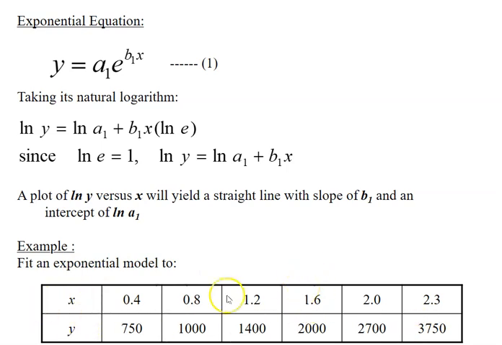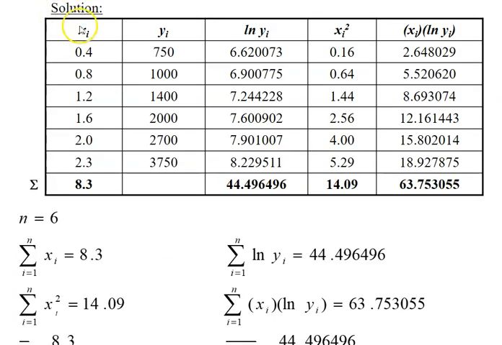So for example, fit an exponential model to this data here. Meaning we need to come up with the best fit or regression line for this exponential model. What you can do is table out your data. This is your X column and this is the column for the Y data. Since this is an exponential model, the y-axis needs to be transformed into ln y. So create another column for ln y and calculate it for each data point.